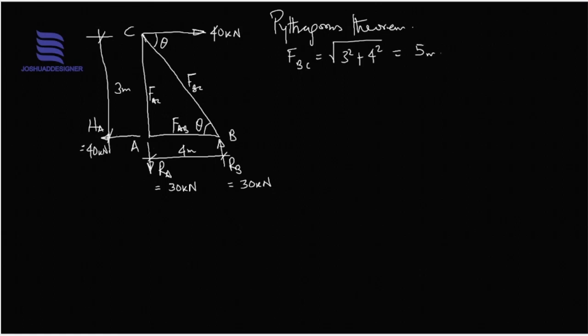So that's the length of this hypotenuse, 5 meters. To obtain the value for this angle, we know that cos theta would be 4 over 5, which is adjacent over hypotenuse. The sine theta would be 3 over 5. And that would be enough for us to start. So I would like to start from joint C.